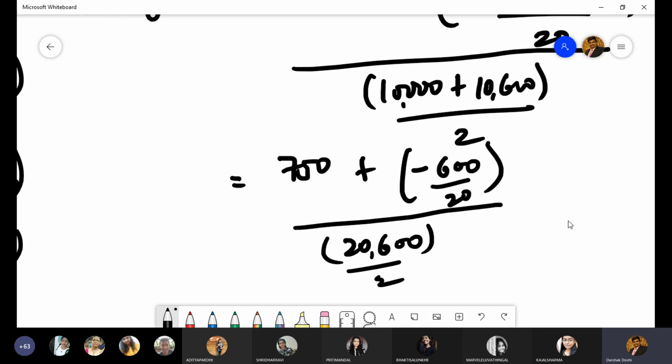I have written this step specifically this time because there is some change if you notice. There's a negative sign over here. See everyone.